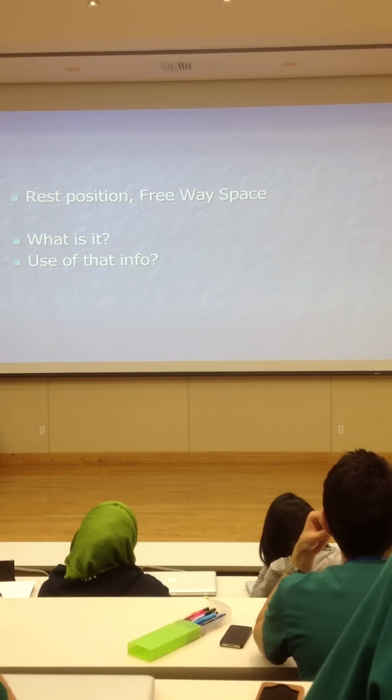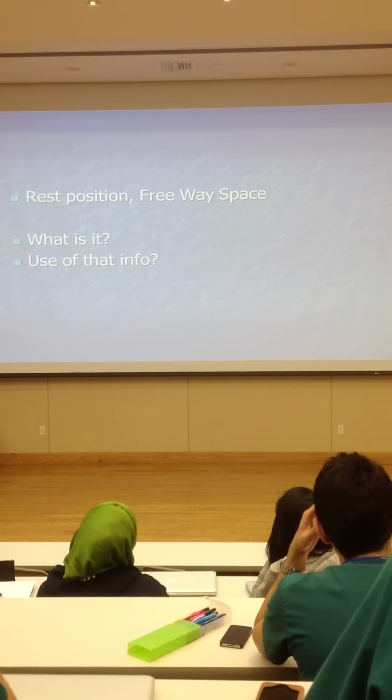But you all know that we're using that information as if it's written in stone when we do complete dentures. Remember, in complete dentures, we don't have rest position. Freeway space is the space between ICP and rest position, so it's like so and so millimeters.